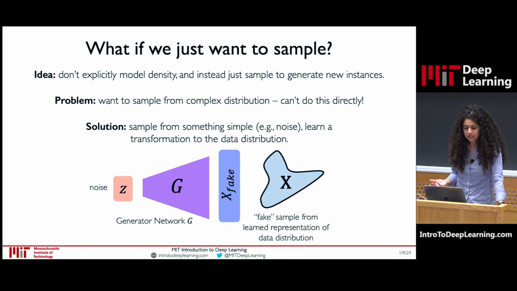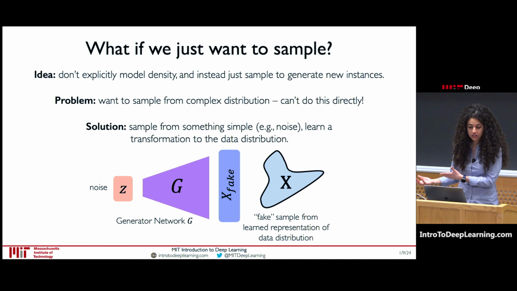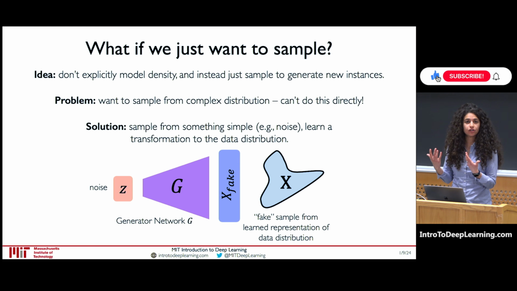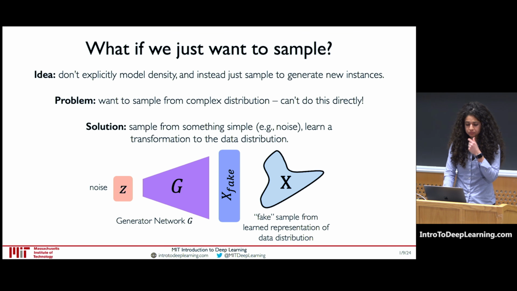And the idea behind GANs is rather than trying to explicitly model these probability densities, let's just learn a transformation from something very, very simple, say completely random noise, and now learn a model that can transform that distribution of noise to the real data distribution, such that we can then use that learned model to generate samples that hopefully fall somewhere in that real data distribution.